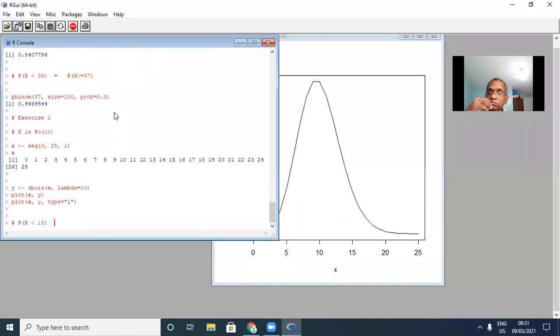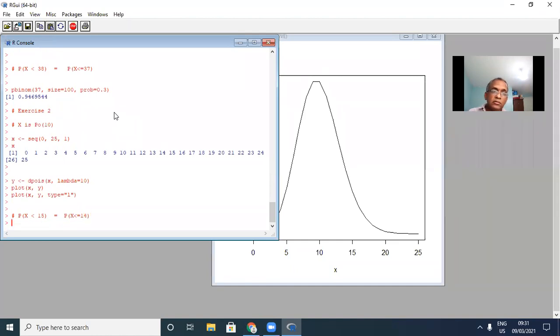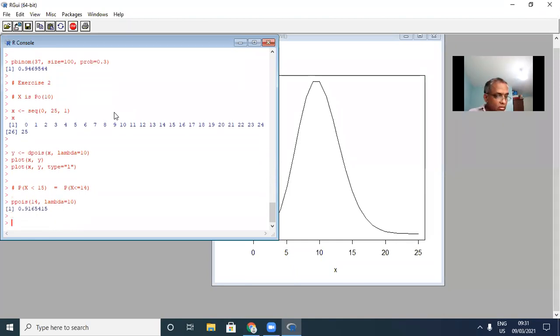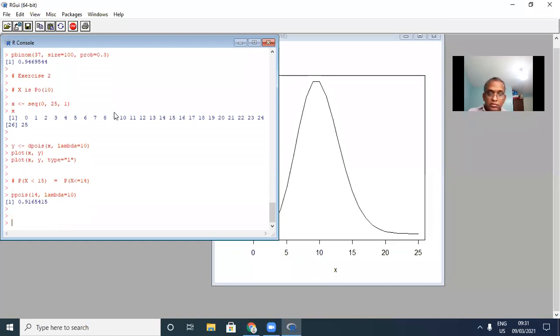Now, Poisson is also an integer valued random variable. So this is the probability that x is less than or equal to 14, right? So to compute this, you use ppois at 14, lambda equal to 10. We also want to find the probability that x is greater than or equal to 8, right?